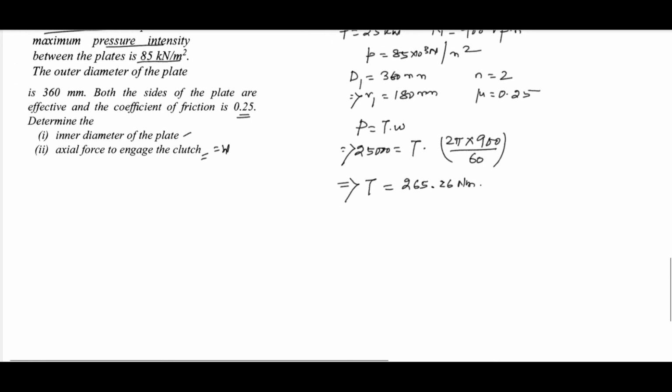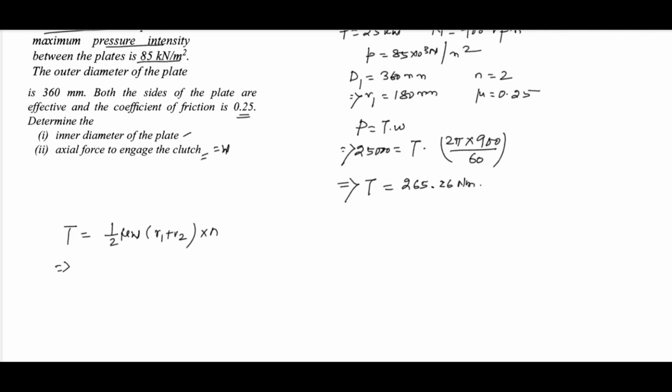Okay. Now we have this T is half mu W (R1 plus R2) into n, considering uniform wear theory. Okay.